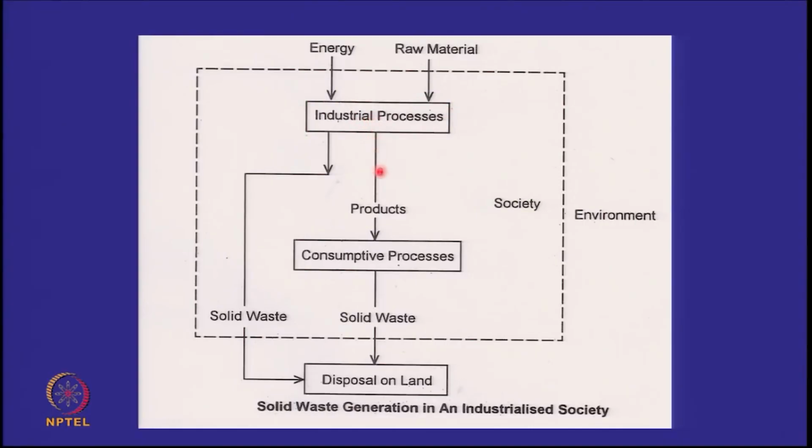The industrial plant will produce a product, but it will also produce waste. So the solid waste starts to get generated at the industrial plant level. Then the products are actually packaged. I can't give you 100% pure product.